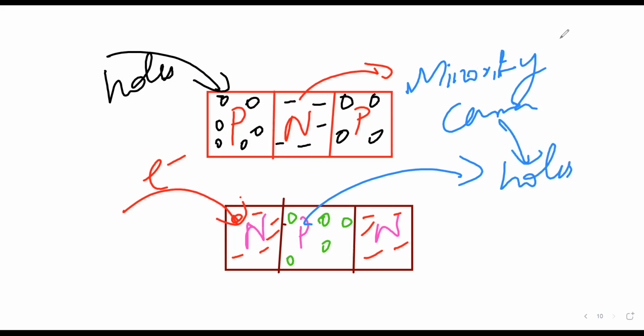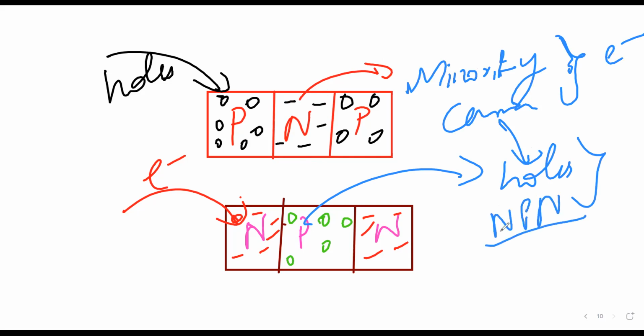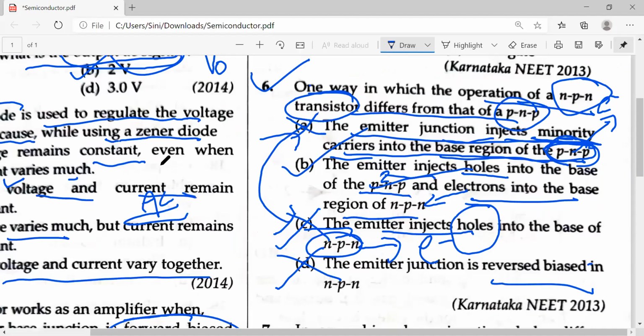In PNP, electrons are my minority carriers. That's it, simple thing.